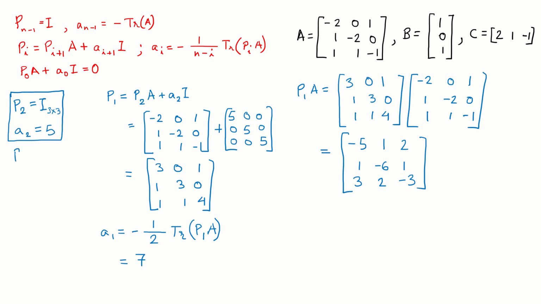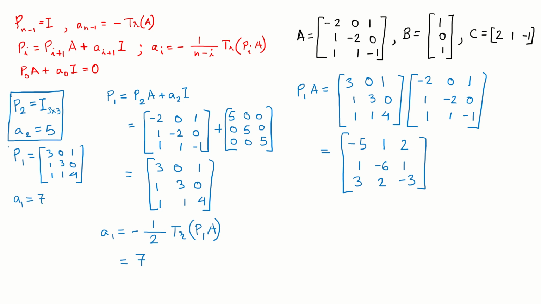We can write it here. P1 equals to this: 3 0 1 1 3 0 1 1 4, and A1 equals to 7.